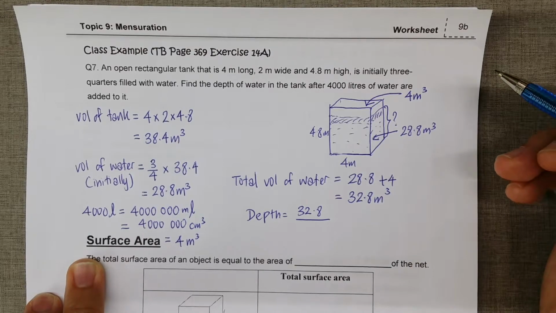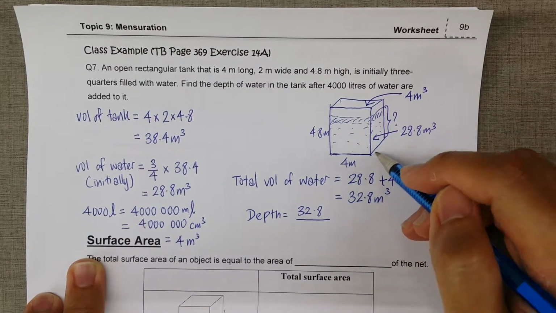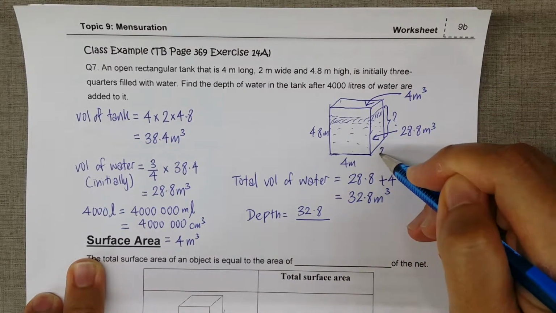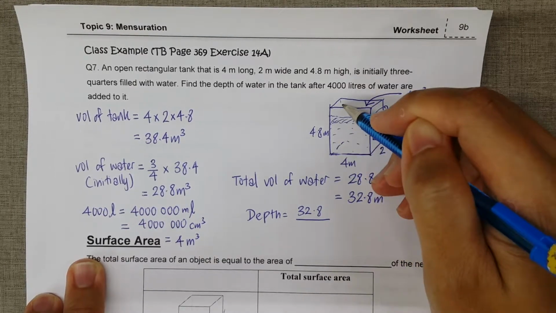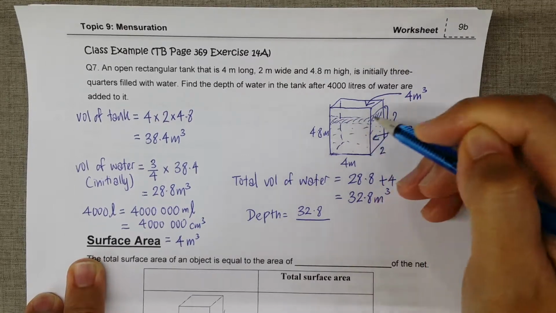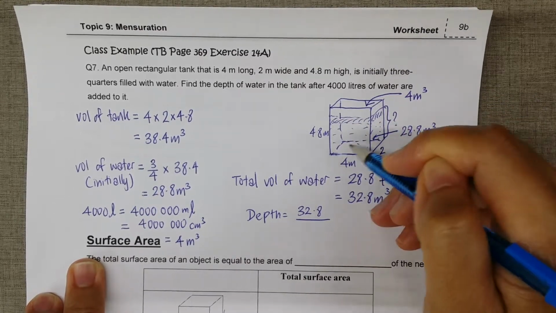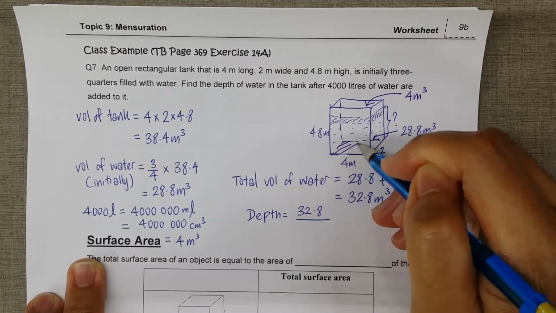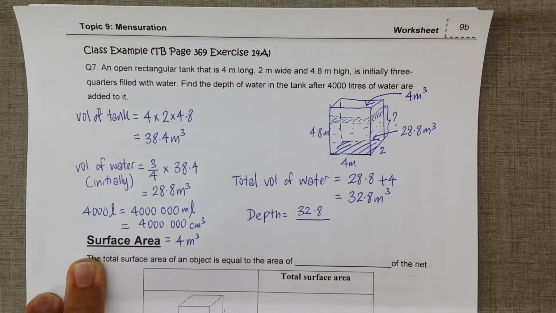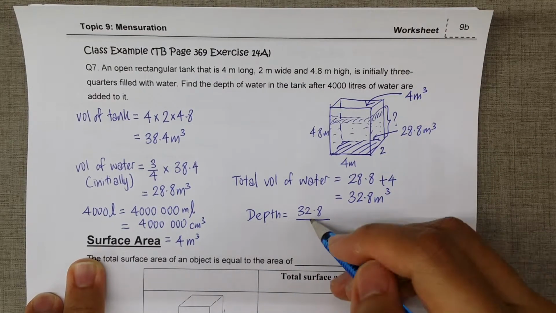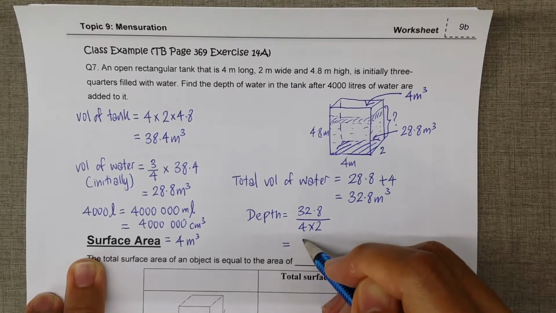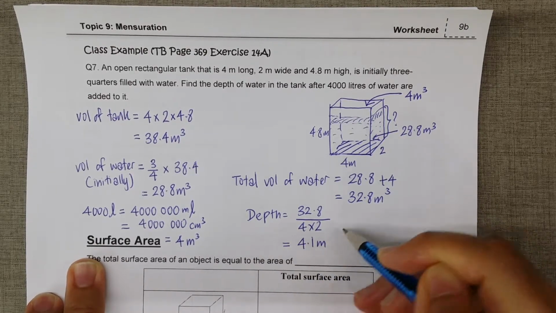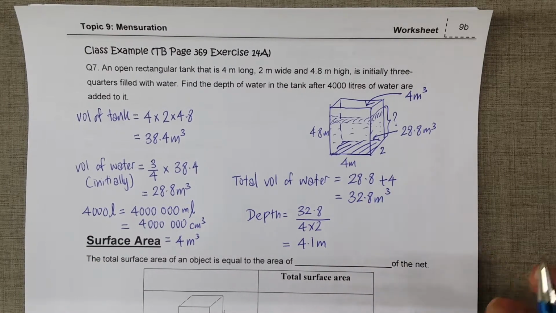The base area will be 4 multiplied by 2. Let's look at the base. How does the base look like? The base will look like this, 4 by 2 meters. So we just divide by 4 times 2. We will get the answer 4.1 meters. That will be the depth of the water.